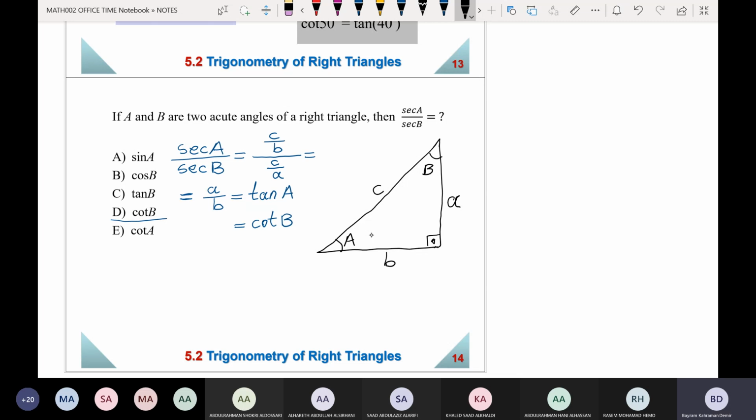Well, what is A over B? A divided by B is either tangent A or cotangent B. Both of them are okay, and in the exam it looks like they give you cotangent B. The correct answer is cotangent B. Easy?